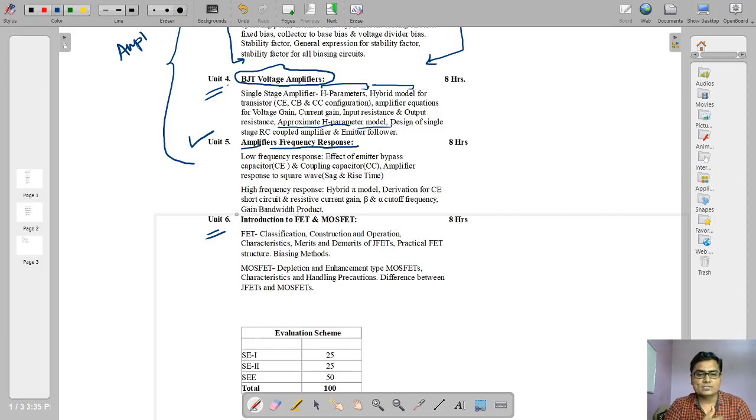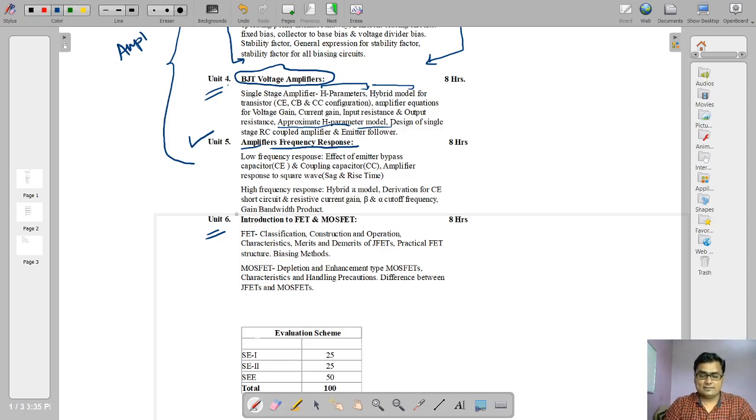Those are powerful transistors. Apart from BJT, FET and MOSFET give more voltage gain or maybe some other better parameters. How it is better than BJT is what we are going to discuss in this chapter.